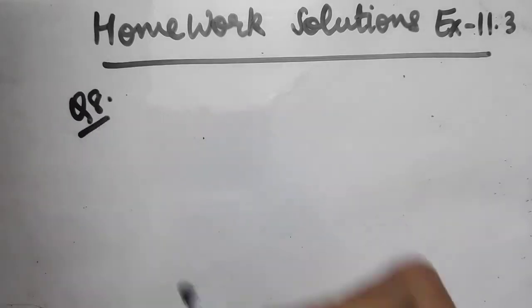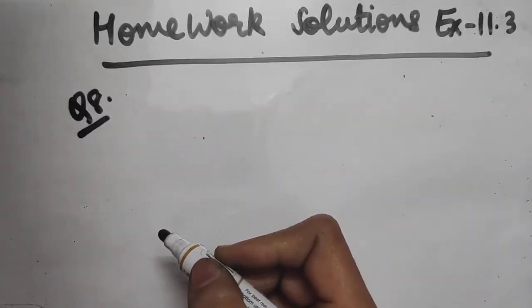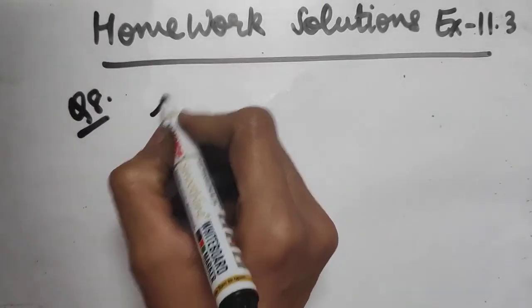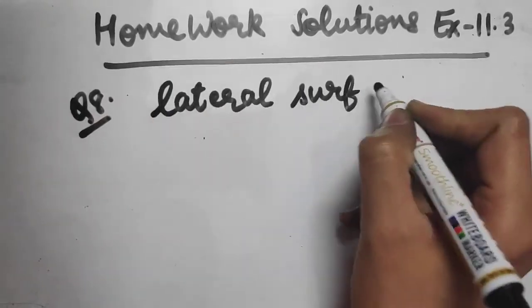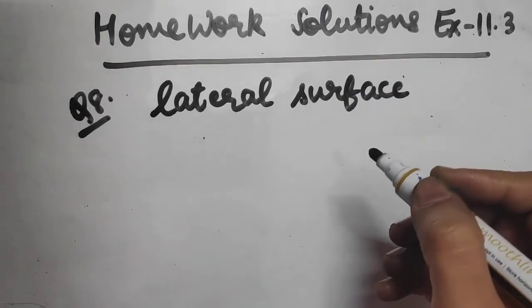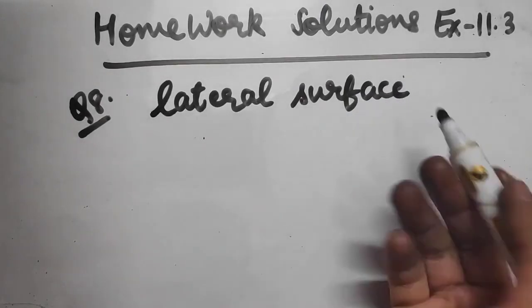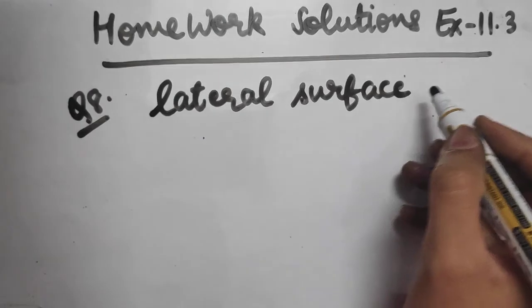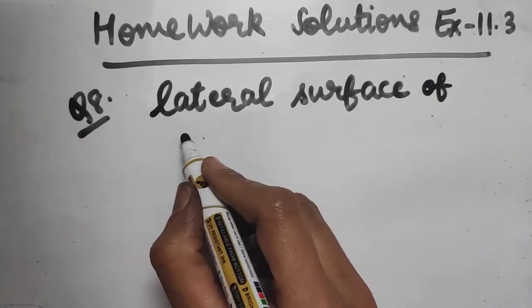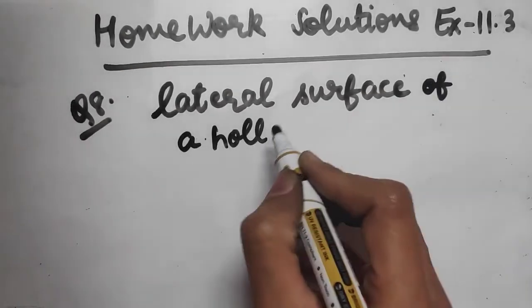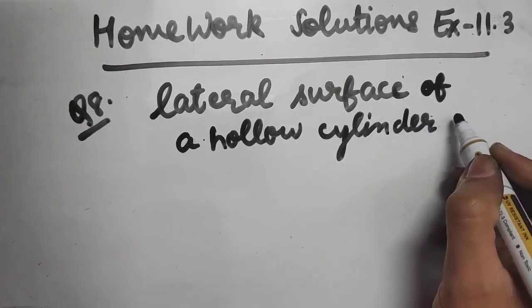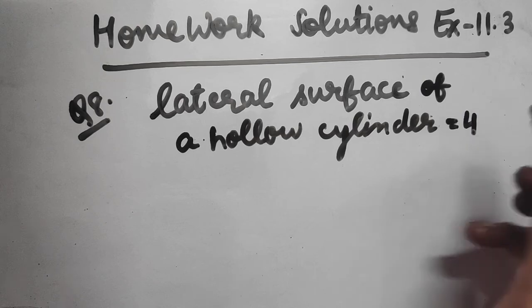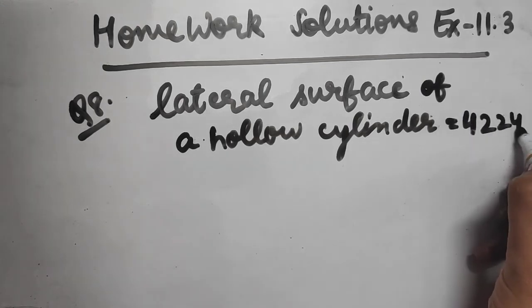Let us have a look now at question number 8. Question number 8 is about the lateral surface area of a hollow cylinder. Basically, this lateral surface area is the curved surface area of a hollow cylinder. It is given as 4,224 centimeters square.